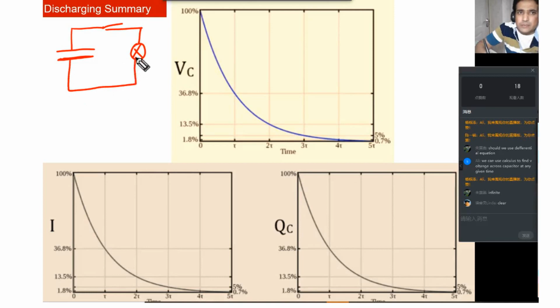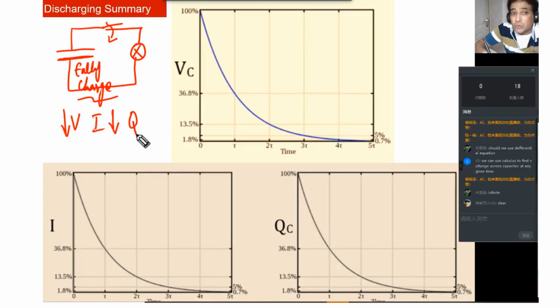As soon as you close this switch, this capacitor will start discharging. So the voltage across the capacitor will go down, and the current in the circuit will also go down, and the charge on the capacitor will also go down.